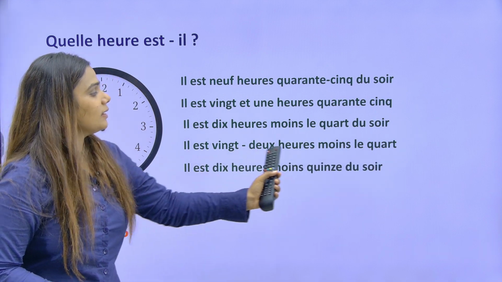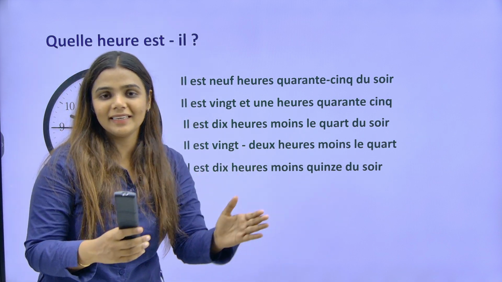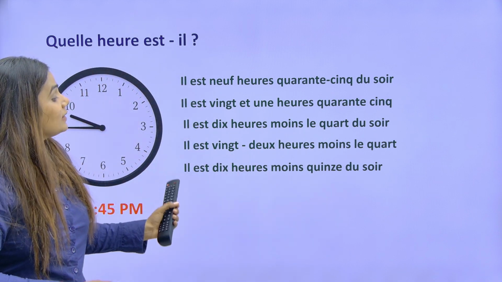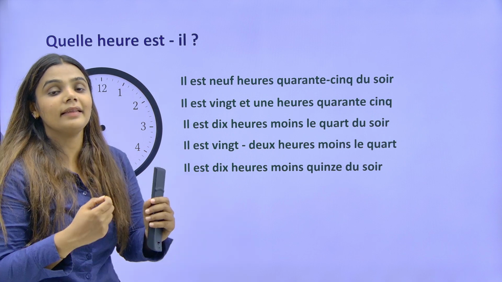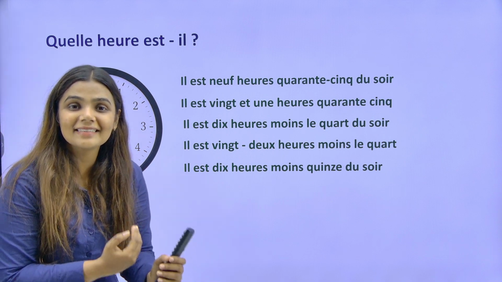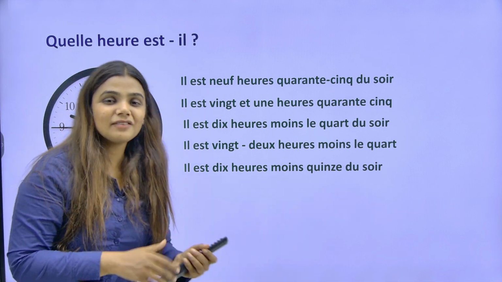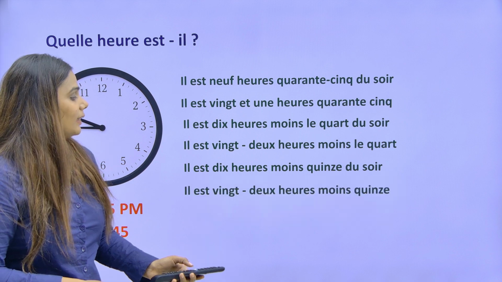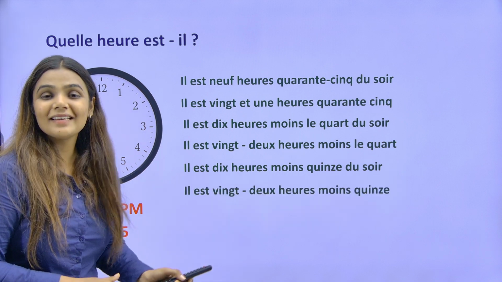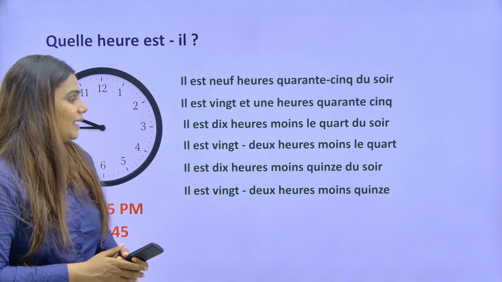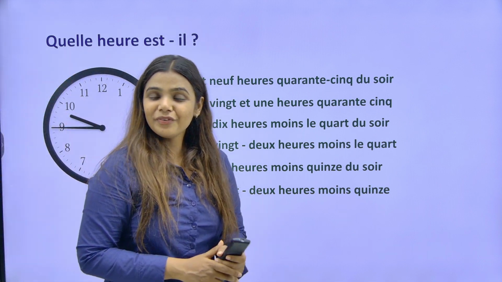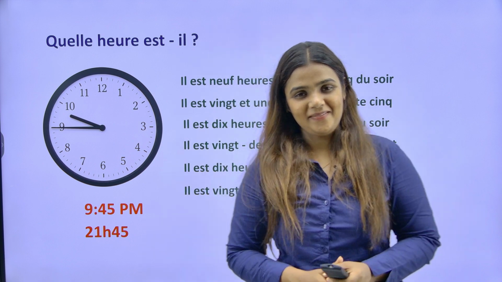Sorry, il est 22h moins le quart, because already it is a 24-hour clock. I can say il est 10h moins 15. I can also say il est 10h moins 15 du soir. And the last one, I can say il est 22h moins 15. Different ways of saying the time.